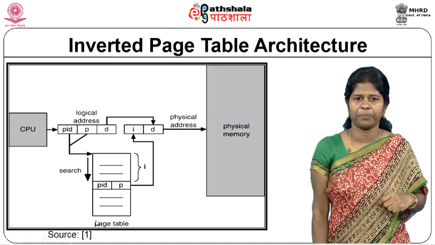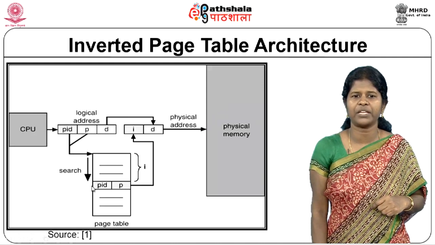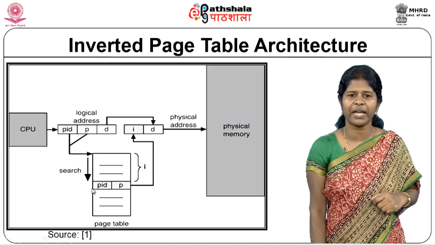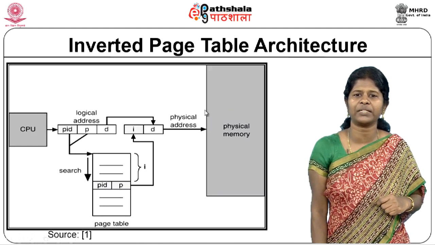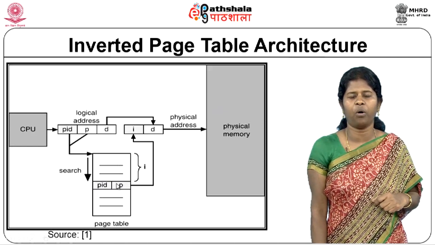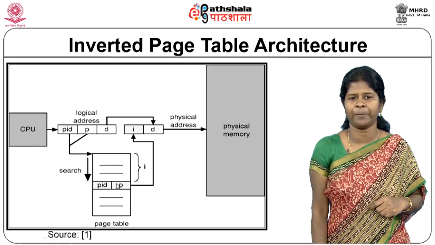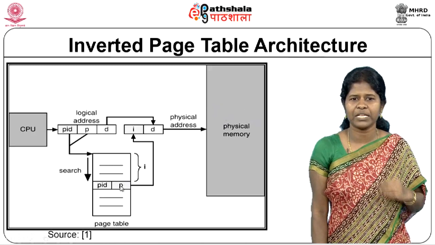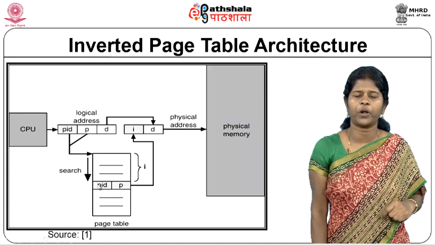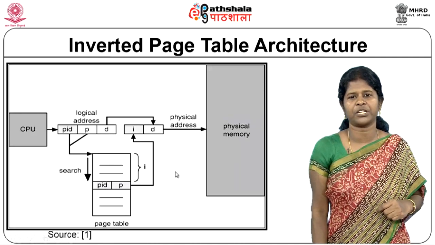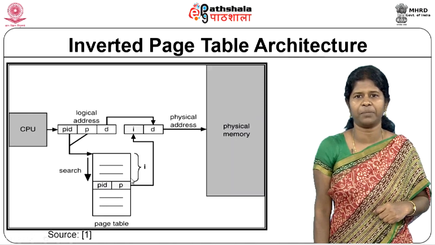In each page table entry you maintain the page number and the process ID of the process which is using that particular frame. Say if this is the fourth frame, then in the fourth frame in the physical memory, this page number P of process PID is kept. That is what is maintained in the page table.